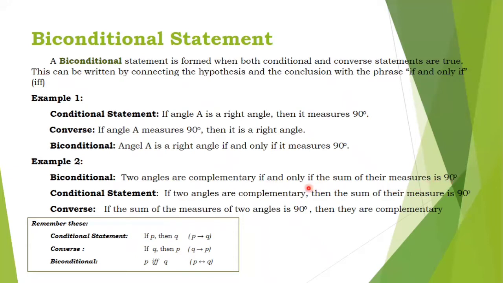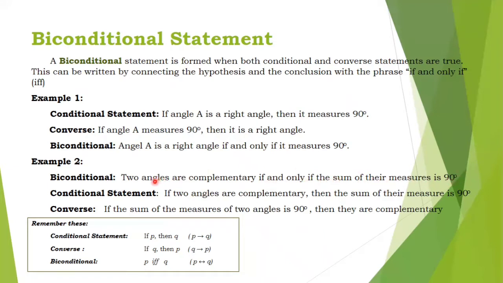So, if you see the phrase if and only if, tandaan, ibig sabihin, the statement is biconditional. So, yung unang phrase na makikita nyo, that will be our hypothesis. At yung pagkatapos ng if and only if, siya naman yung conclusion.